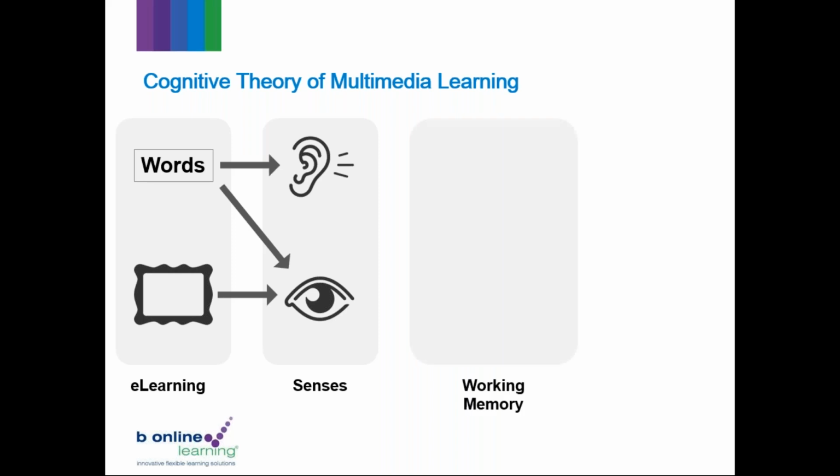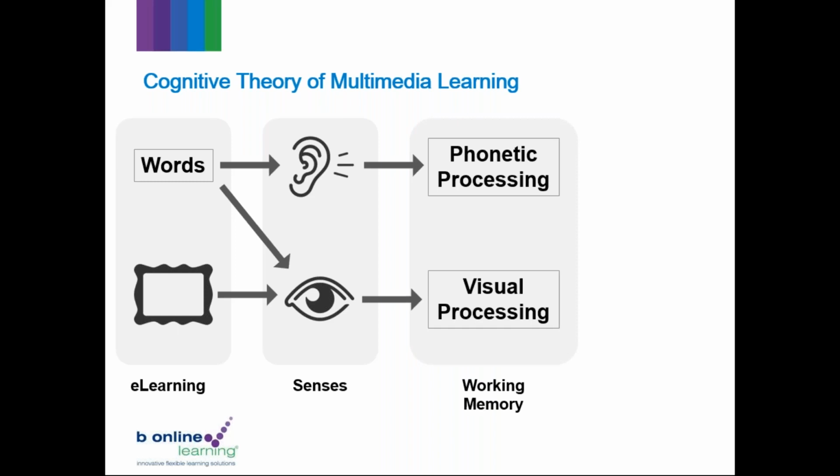Then once the information goes through our senses, we don't necessarily process every piece of information. It doesn't stick, but it goes through what's known as phonetic and visual processing. This is what's happening in our working memories. If you know much about working memory, its capacity is actually quite limited.